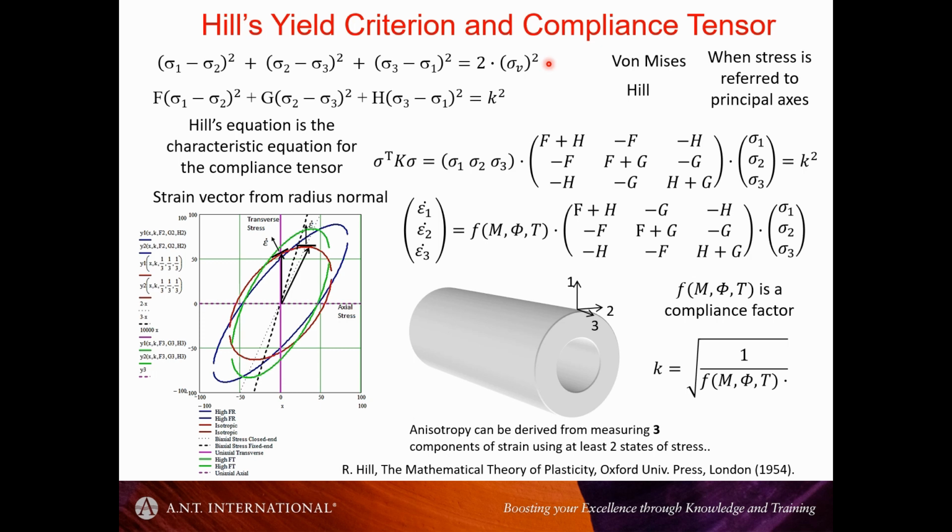When it comes to isotropic materials, many of you are probably familiar with the von Mises yield criteria, in which case the yield stress, or if you like, the von Mises stress, would be a yield stress in a uniaxial test. If it was a uniaxial test, this would be the yield stress.